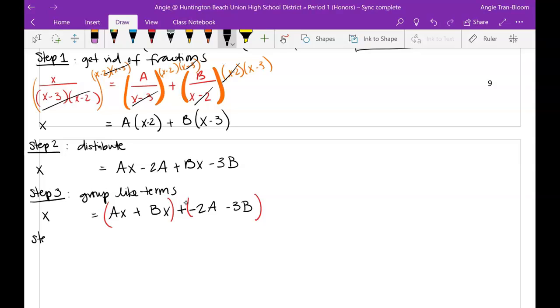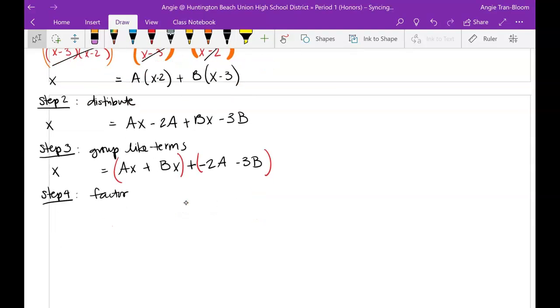So step 4, factor. Left side, I still have x. This has a common factor of x, so you have A plus B. This doesn't have anything in common, so you're going to leave it as is, as an addition.